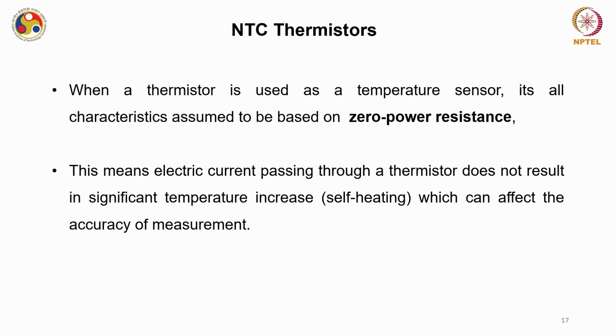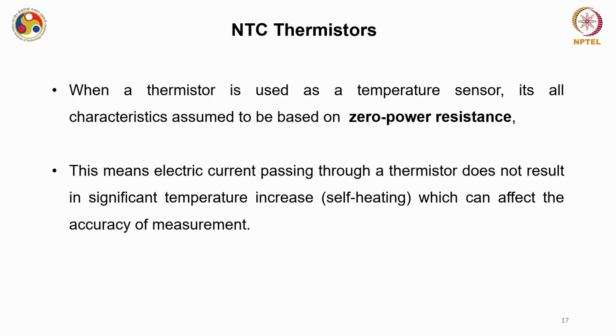This means that the electric current passing through a thermistor doesn't result in a significant temperature increase which can affect the accuracy of the measurement. So all your calculations are based on the assumption that these thermistors don't consume any power, meaning there is no self-heating. We call it zero power resistance. But that is not always true.